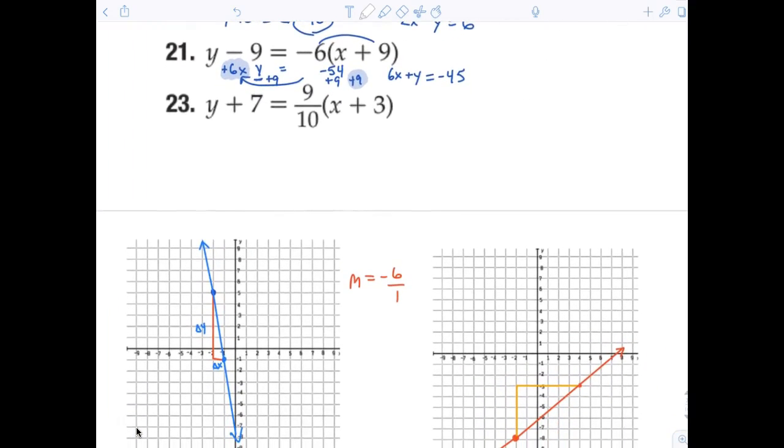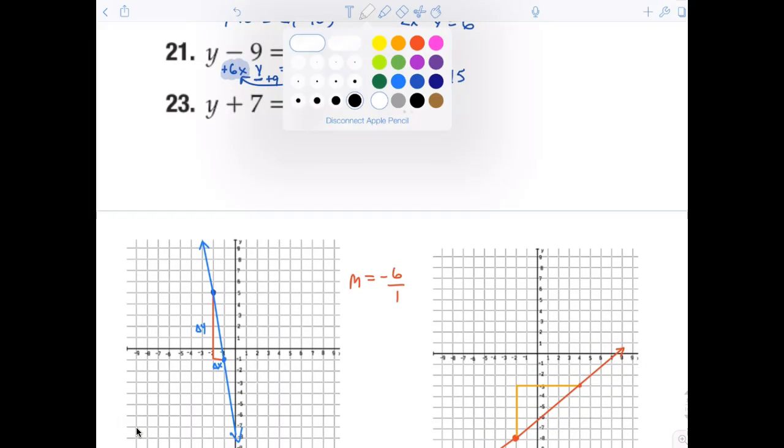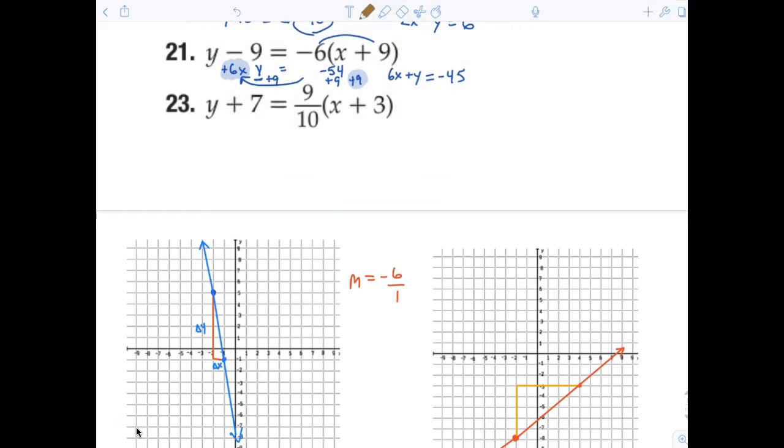All right, here we go. Now, Vivian. Multiply both sides by 10 because we're not allowed to have a fraction. Very good job.